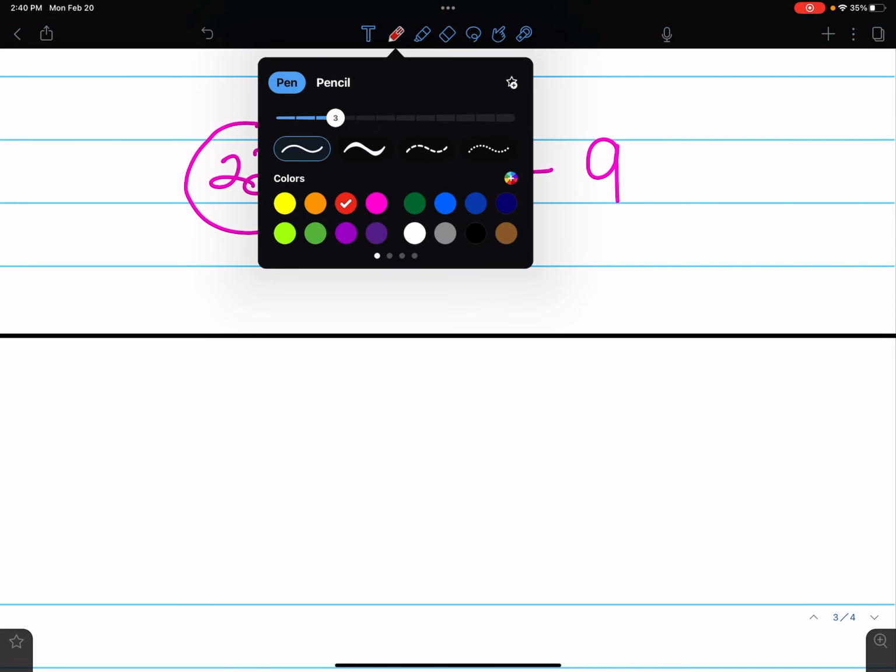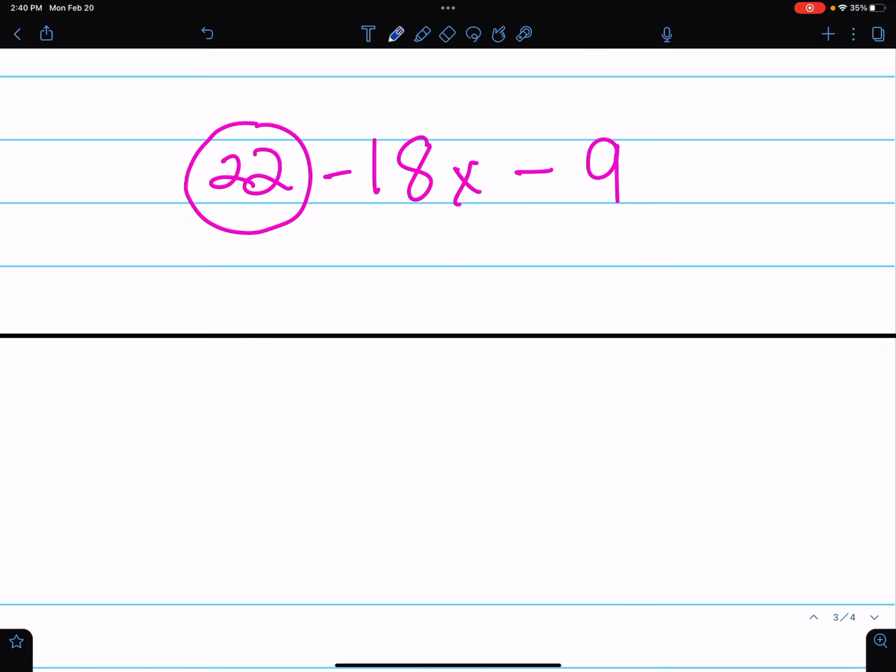So if I were doing this problem, my brain automatically makes this a -9, so I want to factor out a -9 times +1. This one would be -9 times +2. So I'm factoring out that -9, so -9, put the parentheses.